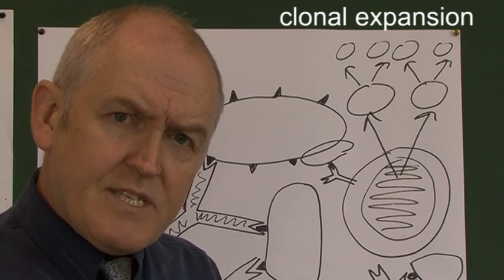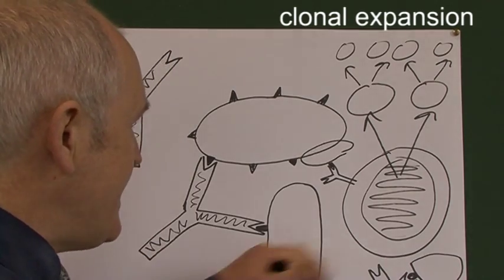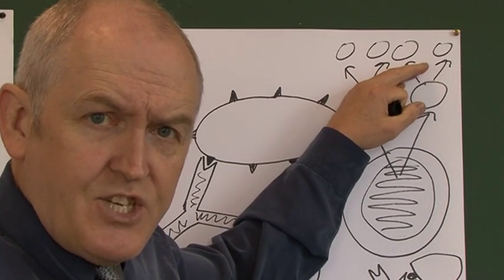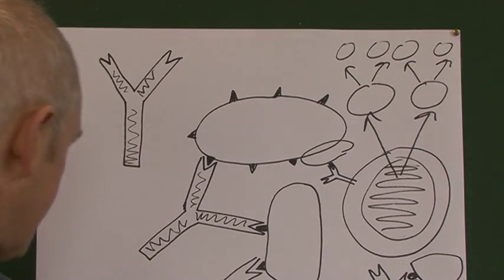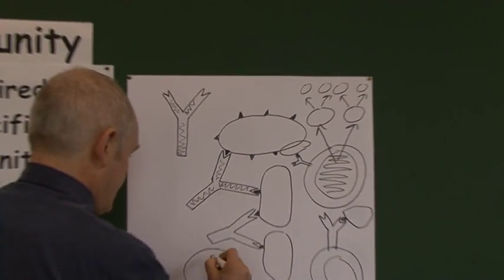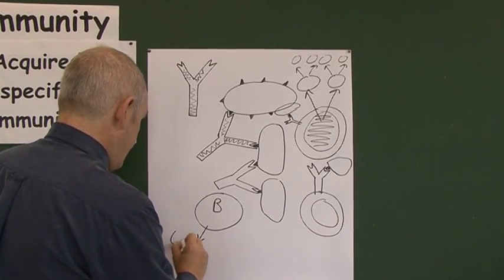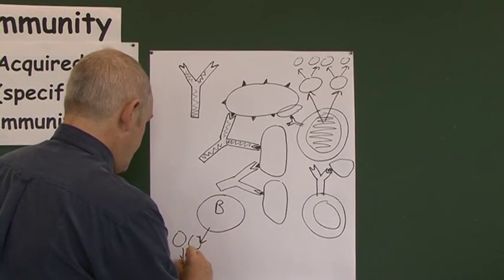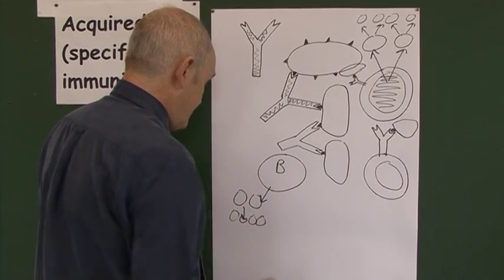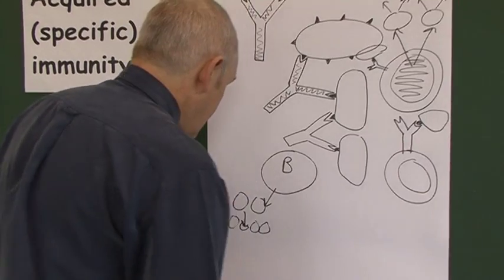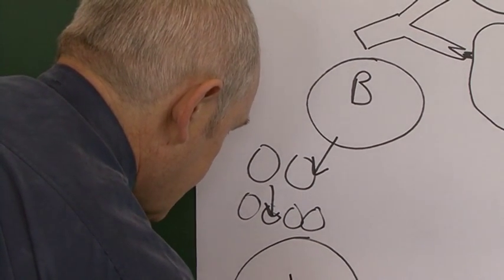But as this expansion takes place, the B cells actually differentiate somewhat into cells called effector cells. So here we have an activated B cell, and this activated B cell line here changes into untold millions of activated B cell clones. And these actually change into cells called plasma cells.